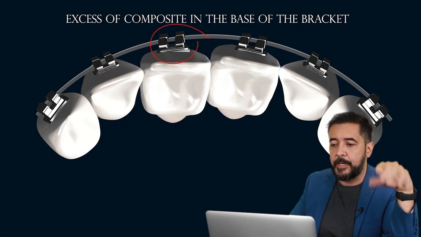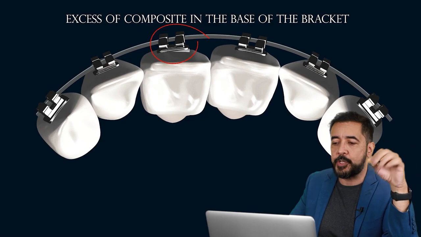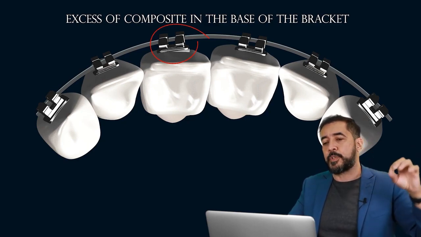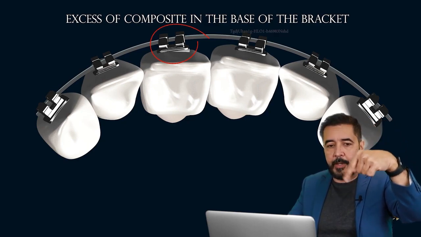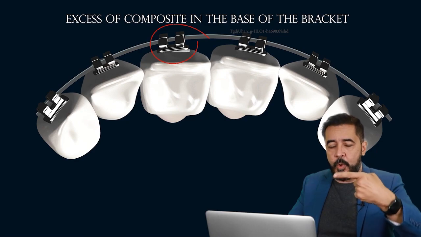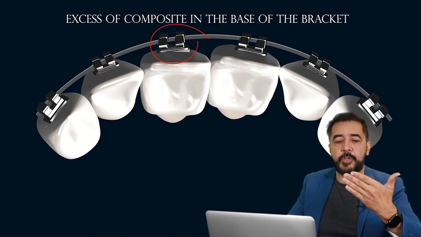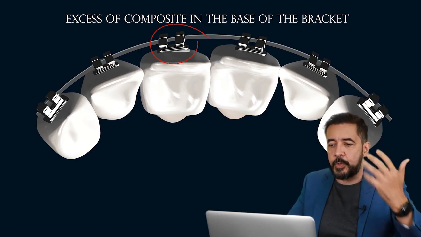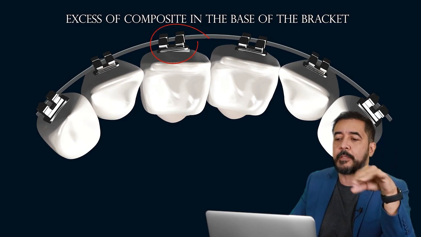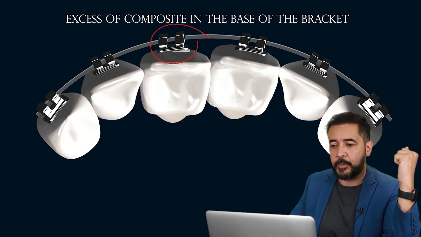So we have here this excess in the medial part of the bracket, which is going to input a rotation to the incisor, and this rotation will have to be corrected at some point of the treatment, okay?